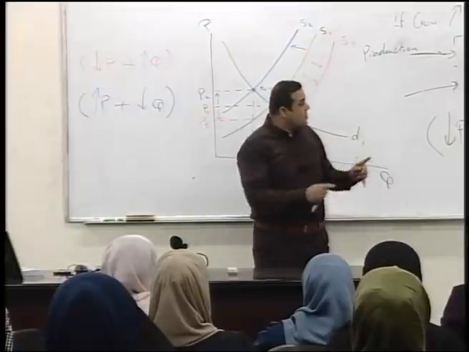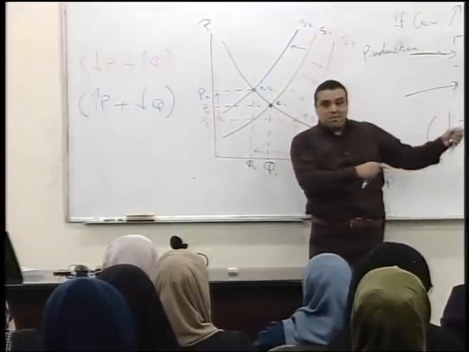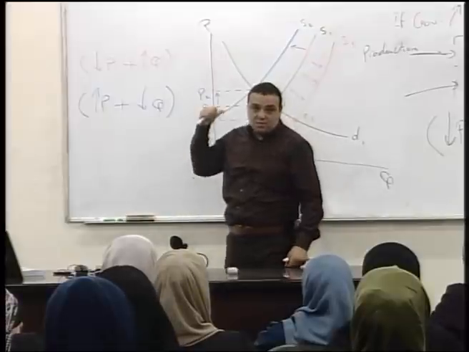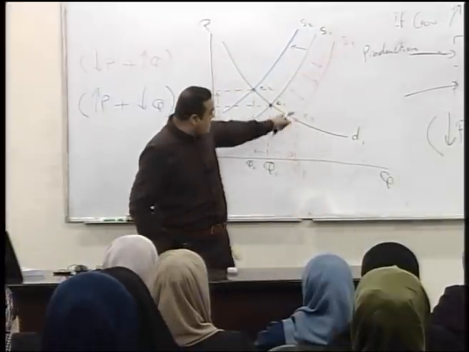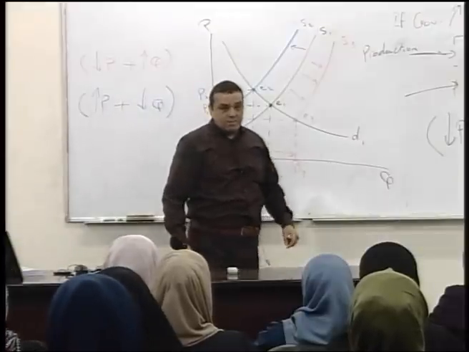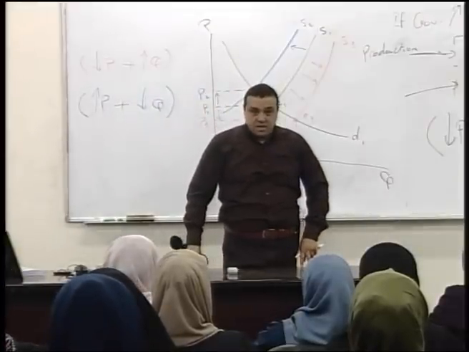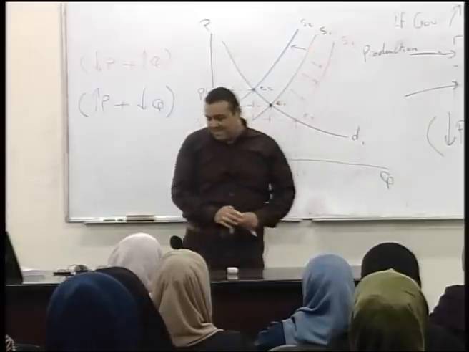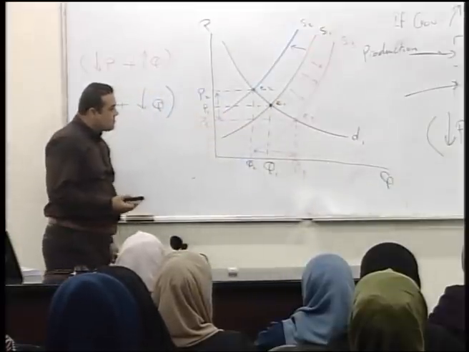What will happen? The cost of production goes down, the supply of shoes goes up. So here we have a rightward shifting in the supply curve. You know that the price went down and the equilibrium quantity increased. Okay? Clear? Tamam. Let's go to something else.